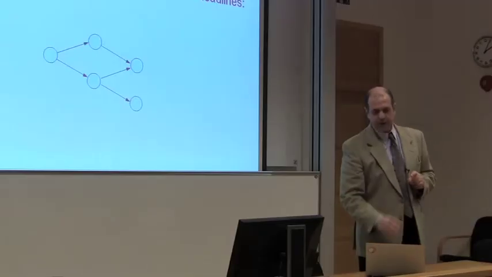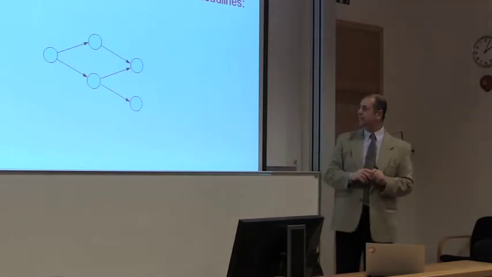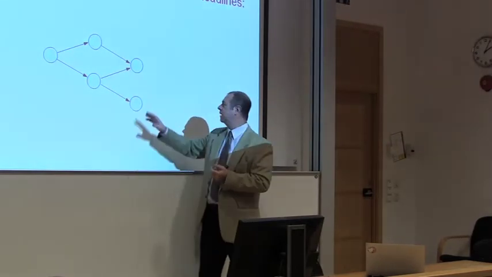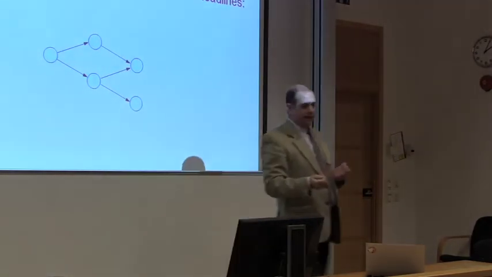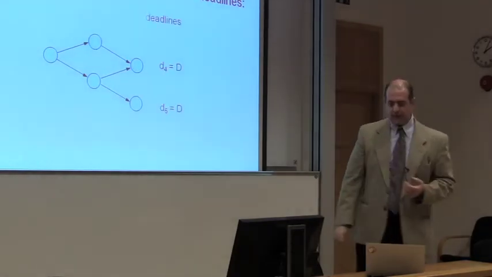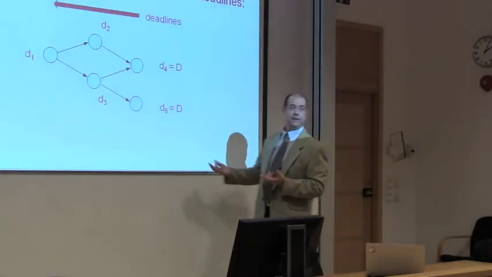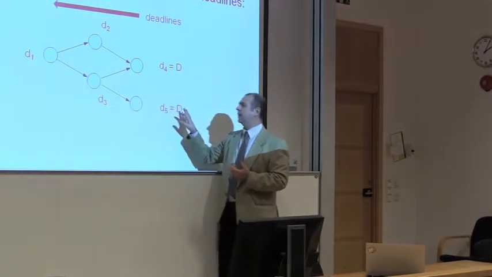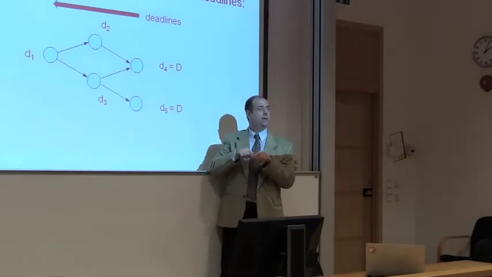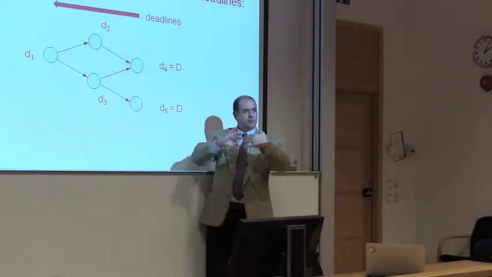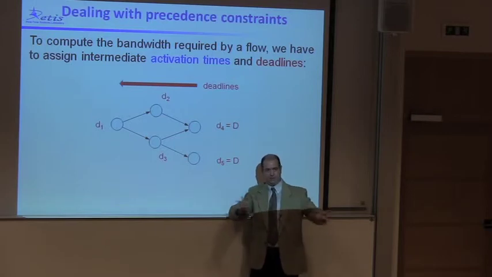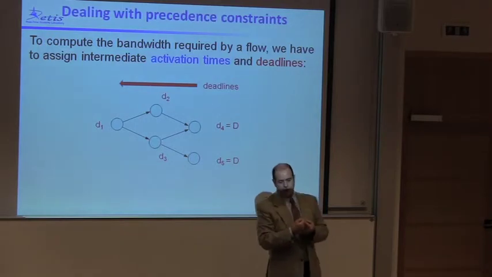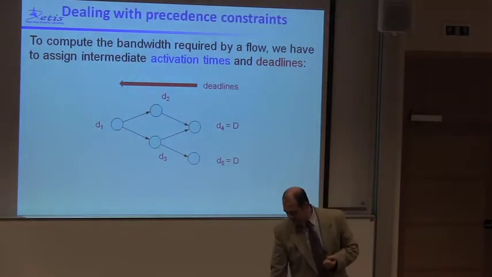For example, first of all, if I have real-time constraints, in order to perform this allocation I need to consider timing constraints. And one way to do it is to assign intermediate deadlines, because usually the deadline is assigned to the entire application. But then if I need to split tasks into different virtual platforms, I need to assign virtual deadlines also to each task.